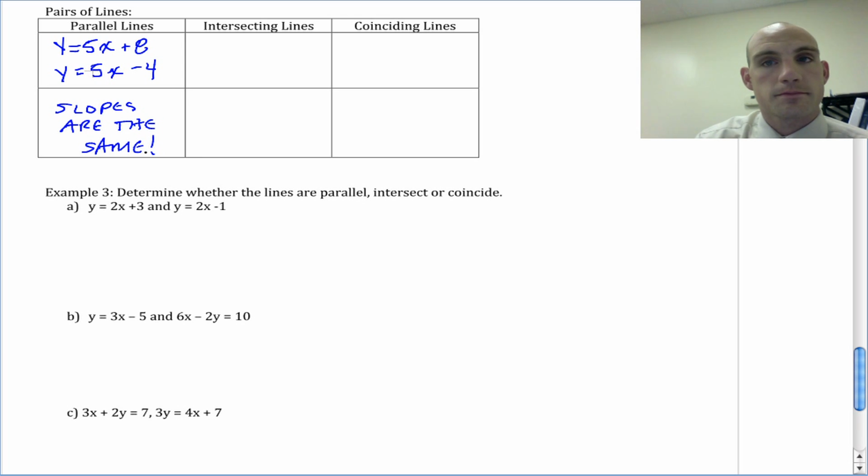Slopes are the same. I don't know how else to say it. They've got the same slope. So parallel lines have the same exact slope. If it's 1/2, if it's negative 2 over 3, if it's 6, if it's 0, same slope, parallel lines. Okay?